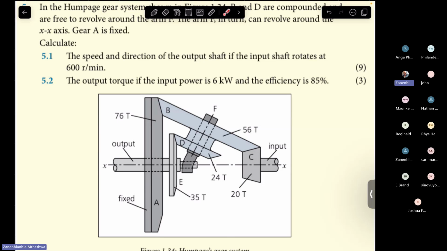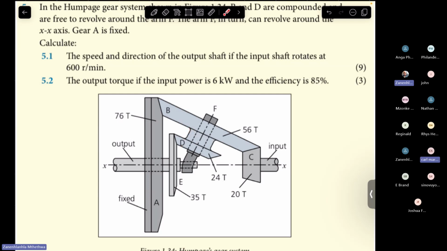So in this case, this gear, gear D, will always be compounded with gear B. Why? Because that is just how a Humpage epicyclic gear system is designed to work. So for a Humpage epicyclic gear system, which is this one, this will always be the case.